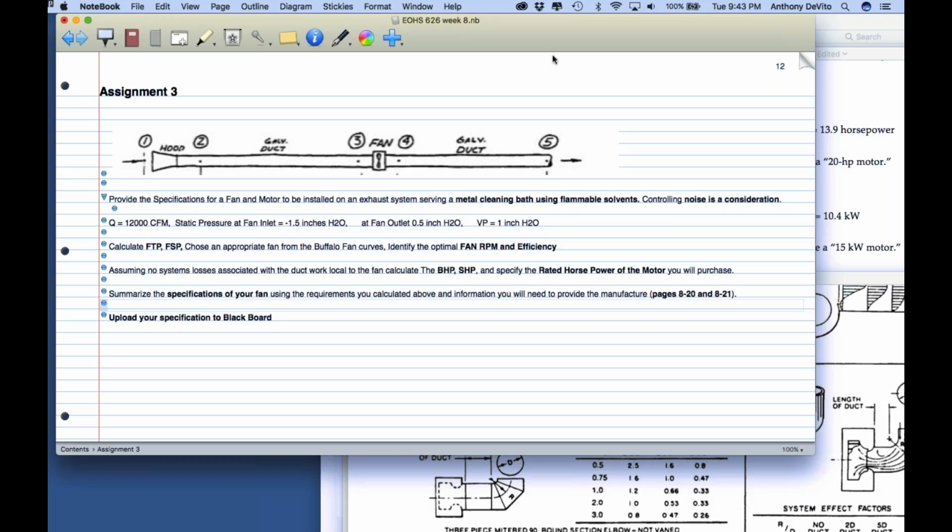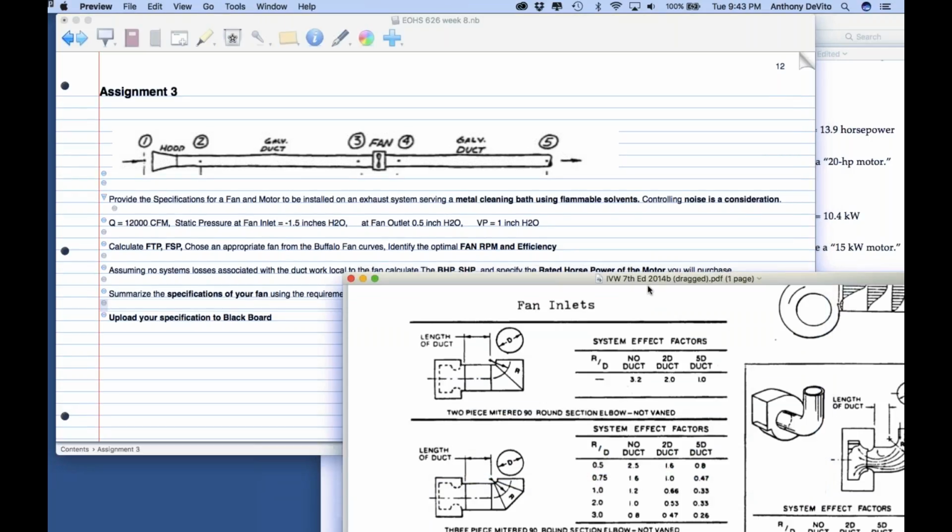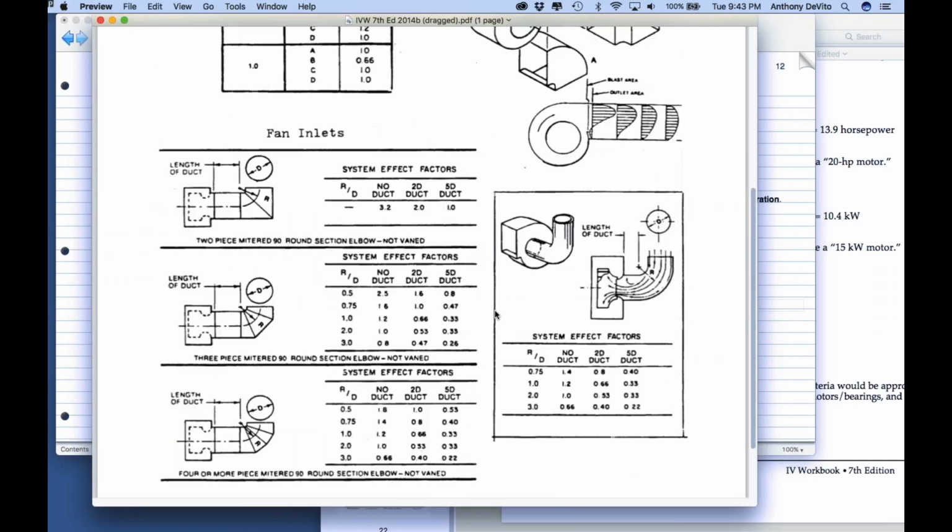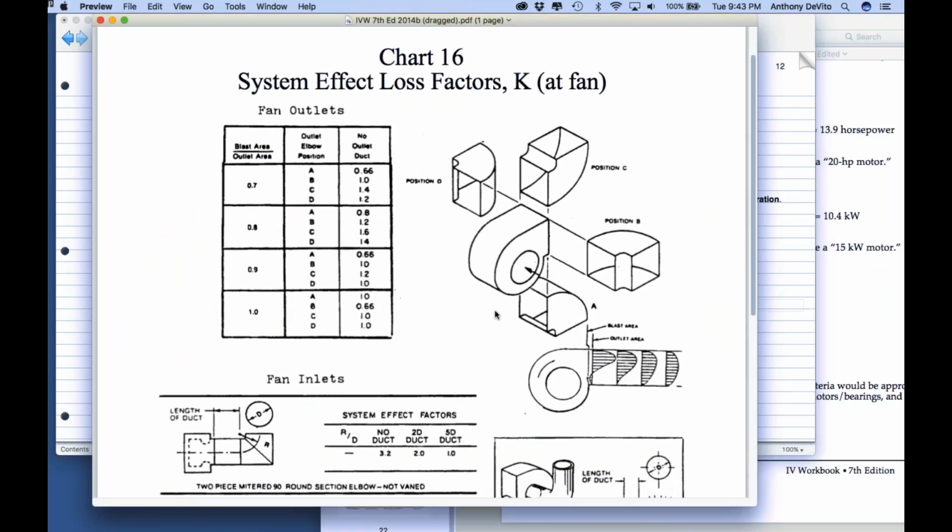I just wanted to mention, you can read this on your own. There is a way to calculate, for instance, if you have a fan that's operating, you designed this at 550 RPM, and you said, oh, it's not moving enough air.